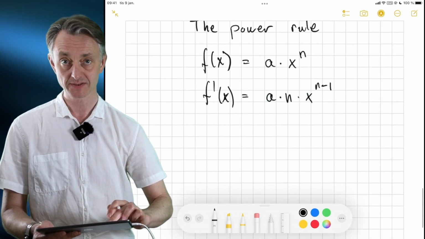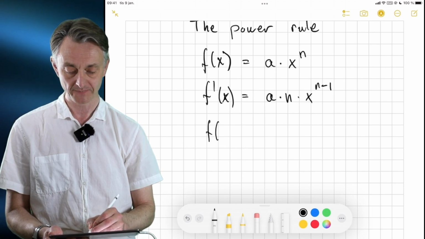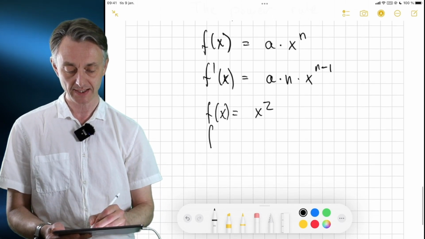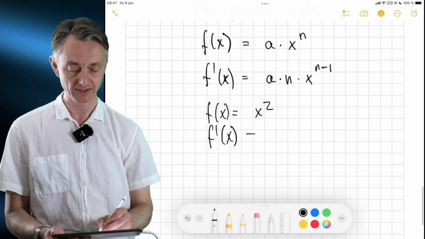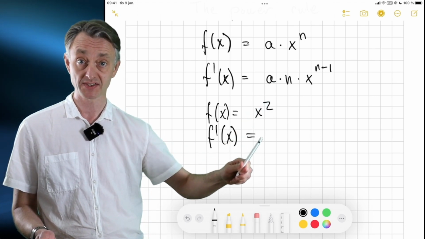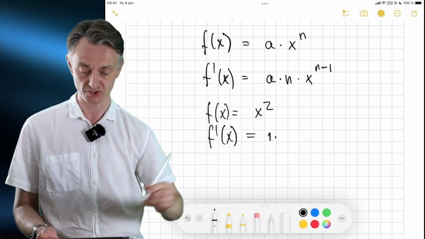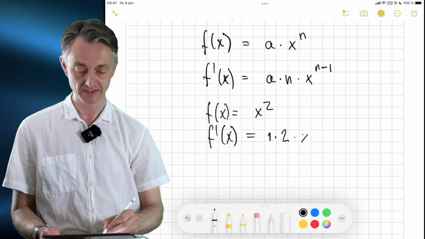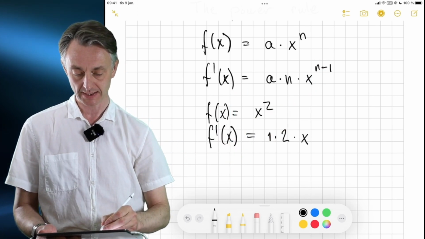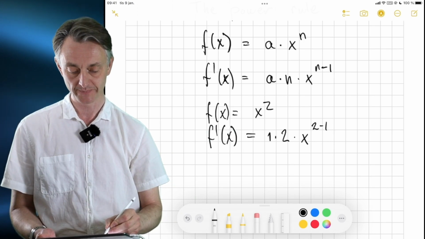So let's apply that to the example we just performed. If f of x equals x squared, then f prime of x should be, you see that the a here is 1, so that's just 1, times the exponent n, which is 2, times x to the power n minus 1. n was 2, so it's 2 minus 1.